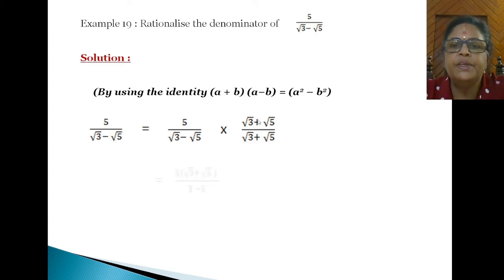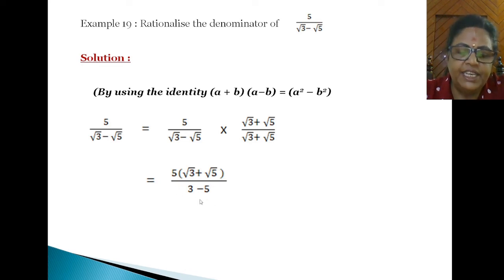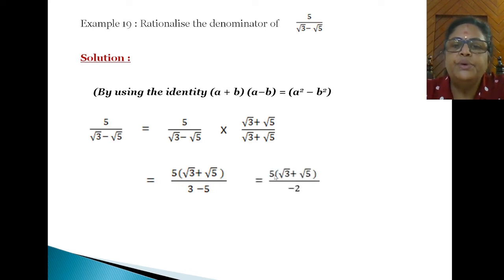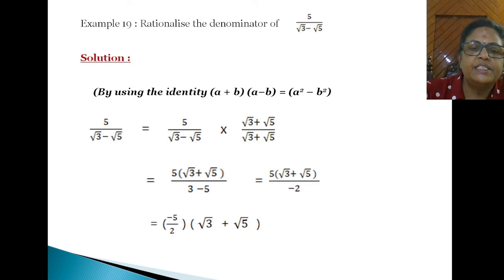In the denominator, root 3 minus root 5 into root 3 plus root 5 is a squared minus b squared: root 3 squared, that is 3, minus root 5 squared, that is 5. 3 minus 5 is negative 2. So you will get 5 into root 3 plus root 5 divided by negative 2, that is 5 divided by negative 2 into root 3 plus root 5. Here the denominator is a rational number.